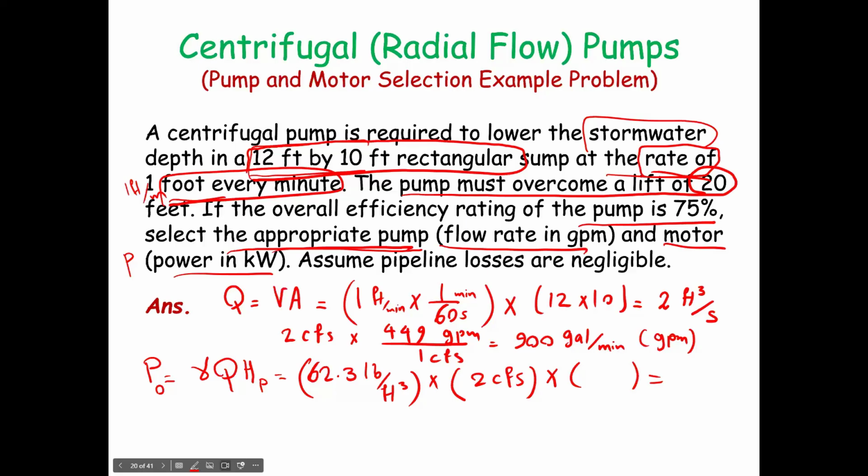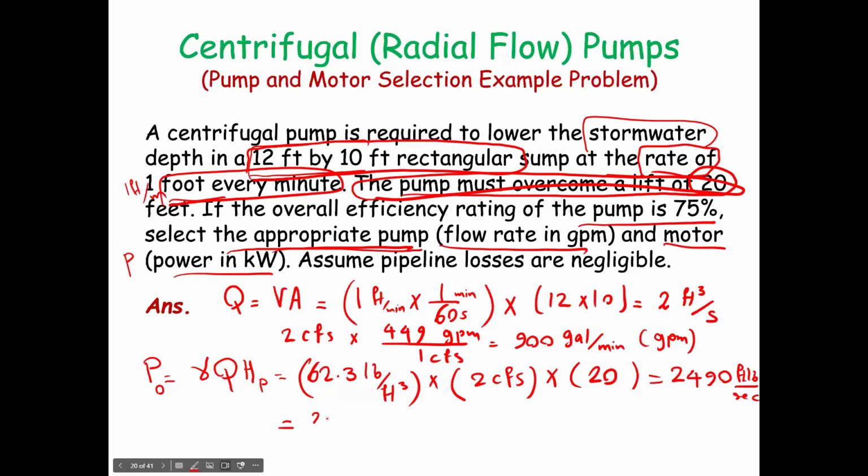Why? Because it's the job of the pump to overcome these 20. So you are going to fulfill a 20 feet head for them. If you calculate that, you will have 2,490 foot-pounds per second.